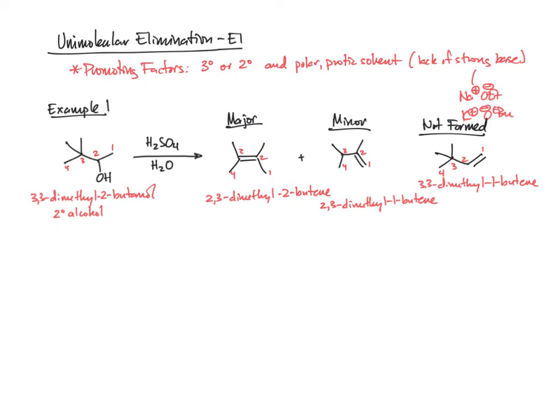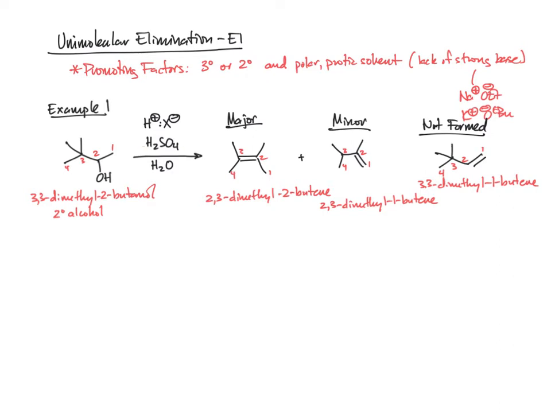So now let's consider the mechanism of what's happening here. We're starting with sulfuric acid, which I want to represent in the following way: H plus X minus, just so I don't have to keep writing the sulfate Lewis structure over and over again. Just keep in mind that's what the X minus is. So this is sulfuric acid, this is water.